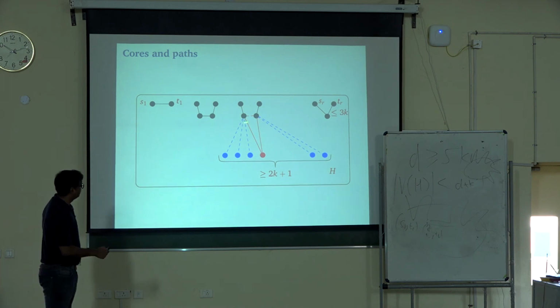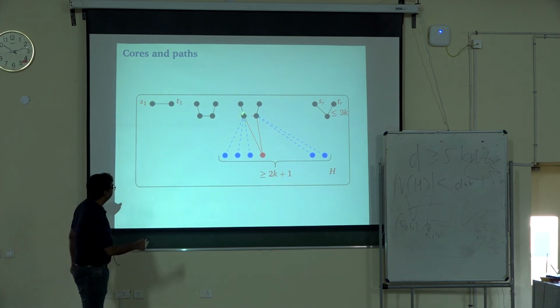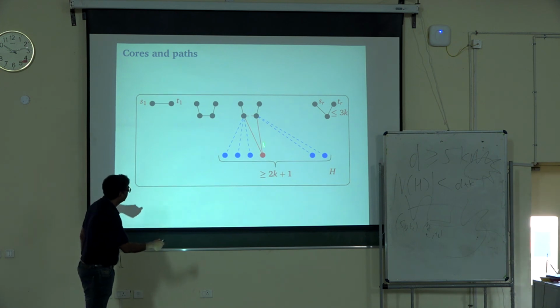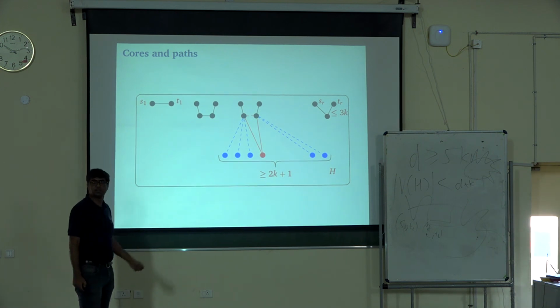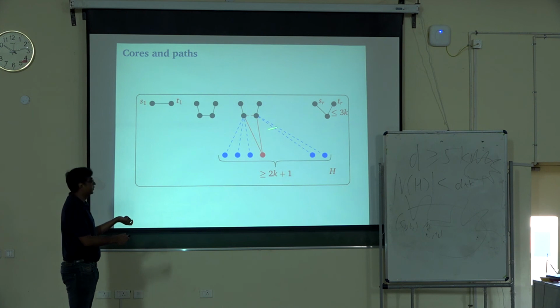Suppose the number of vertices used in this path system is small. Then there exists an edge on one of these paths which has a common unused neighbor. If I find such an edge on this path, I can delete this edge and add the new vertex, and I can increase the length of this path. Why am I guaranteed to do this? Because the number of vertices used here is at most 3k. So pick up an edge on this path.